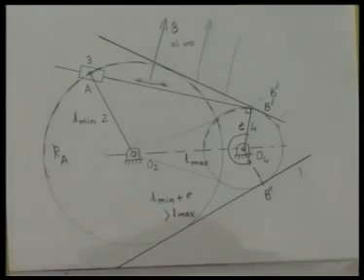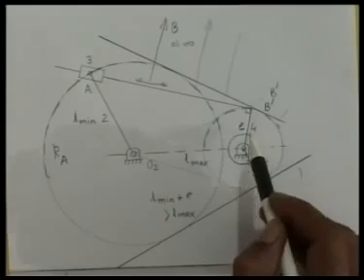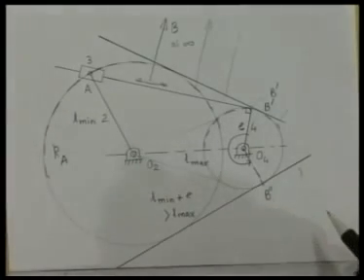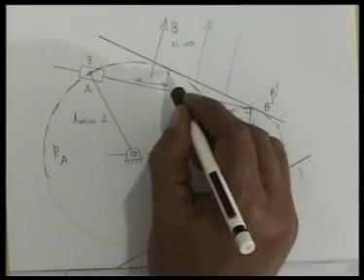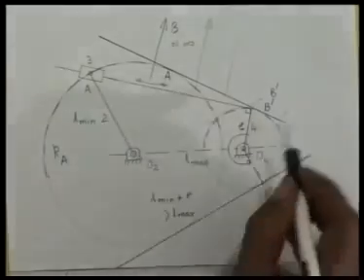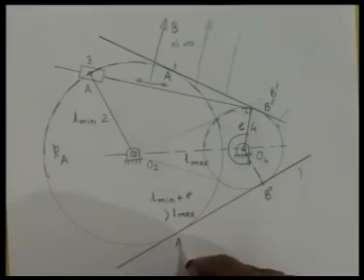Let me find where A is now. These are the extreme positions of link 4, because as we will see, O2A and AB have become collinear now, because A is here, which I call A prime, and A is here, which I call A double prime.